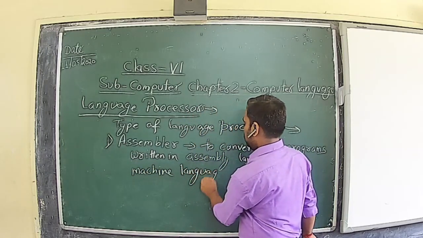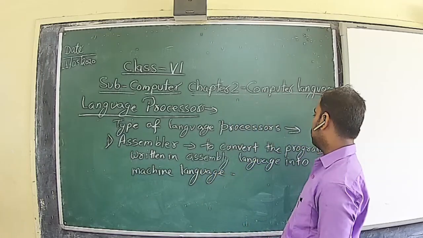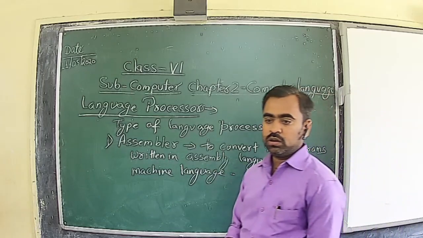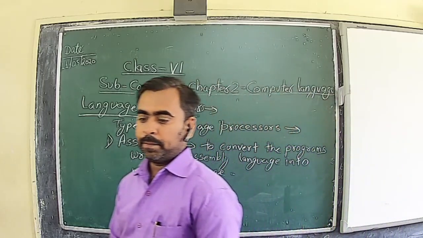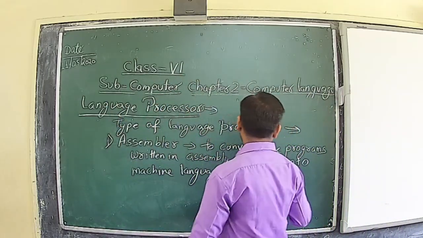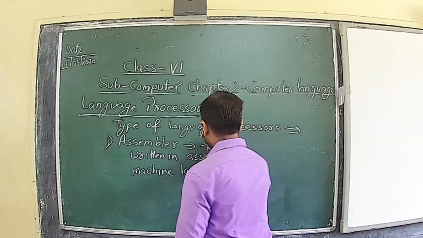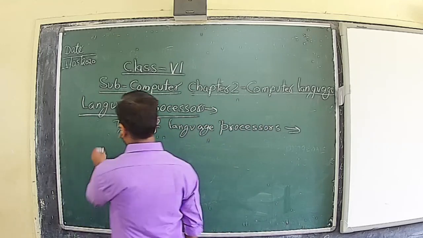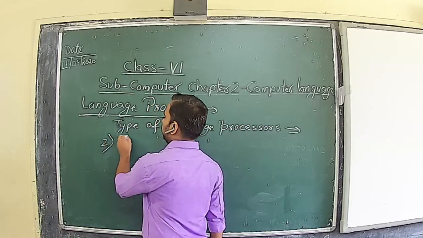The assembler is used to convert the programs written in assembly language to the machine language. Now the second type of language processor is the interpreter.